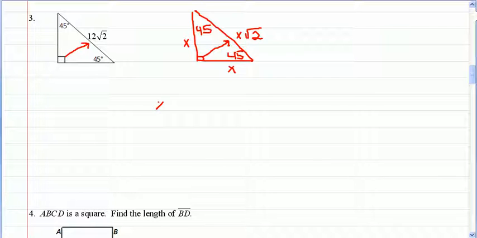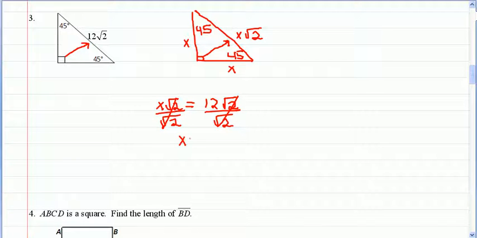So I take x root 2 and I set it equal to 12 root 2 and solve for x. So if I'm solving for x, I want to divide both sides by root 2. And when I divide both sides by root 2, they cancel, and I'm left with x equals 12. So all of the x's in the reference triangle get replaced with the number 12.